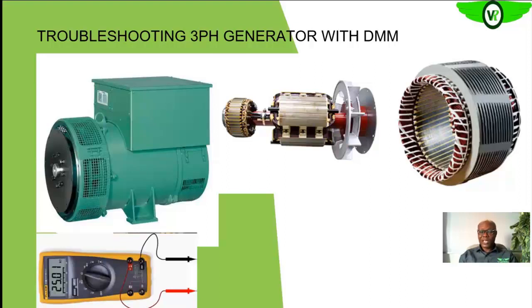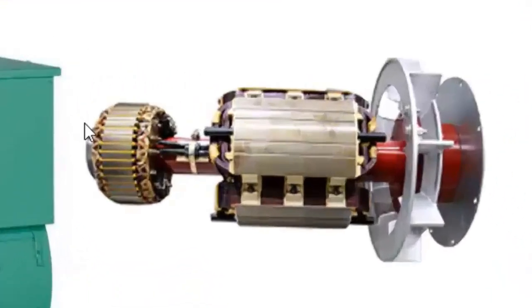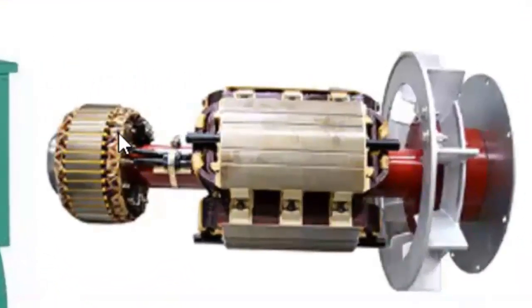Here we are just highlighting the various components and what they do, so that you appreciate it. When you are using the digital multimeter, you should know what to expect from that particular component of the generator. Like the other parts, this part has windings, as you can see.